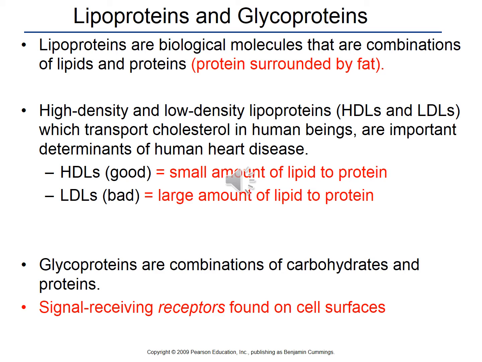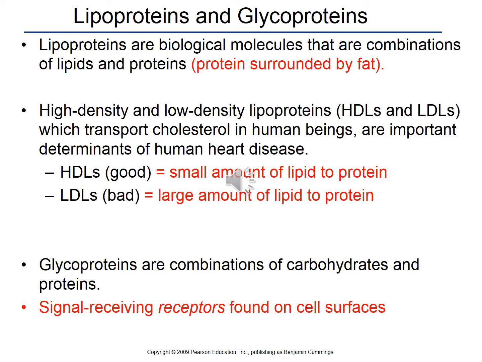These are important in determining heart disease. So the good lipoproteins are the HDLs. And so what this means is that there is a small lipid to protein ratio. So if you go back to your cross section of your peanut M&M, the protein is the peanut and the chocolate is the fat.